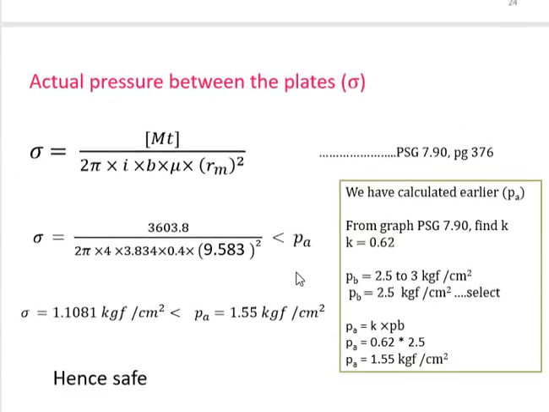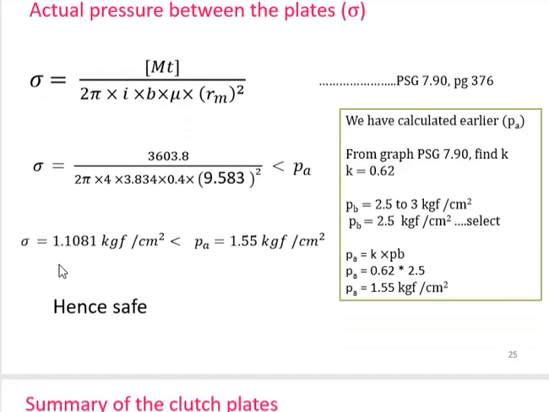Now to find out the actual pressure between the plates, how much pressure is exerted between the plates can be given by this particular formula, and this formula appears in the design data book 7.90. As you can see, most of the parameters are known, so we will substitute all these parameters and try to find out the value of sigma, which is the actual pressure between the plates.